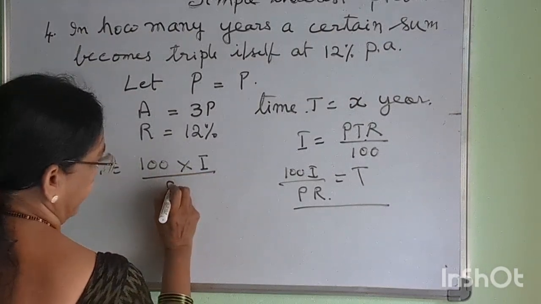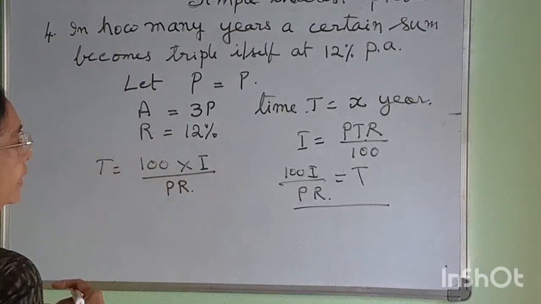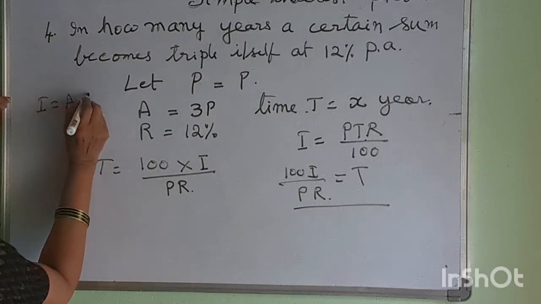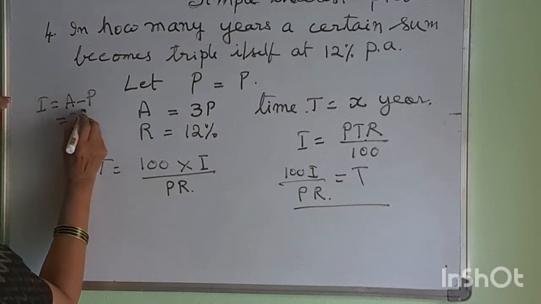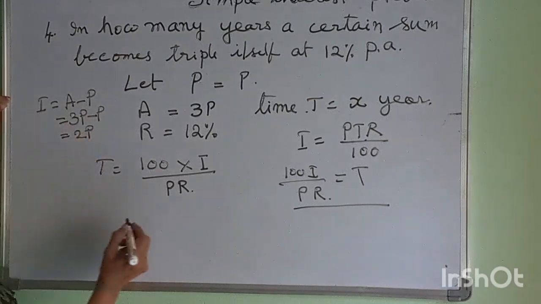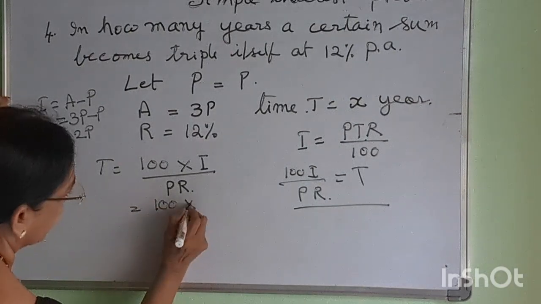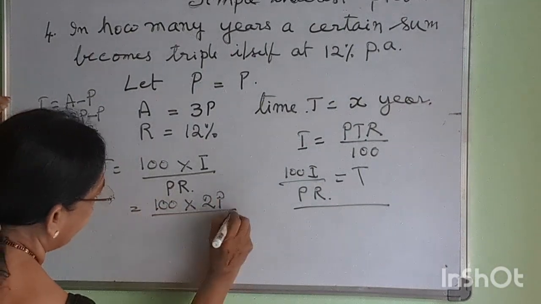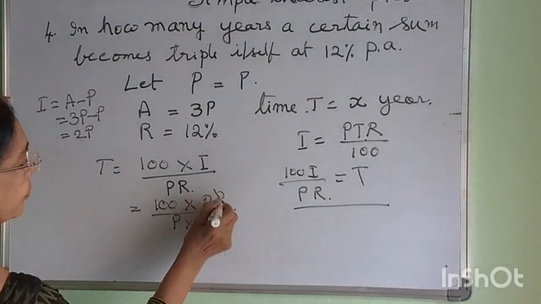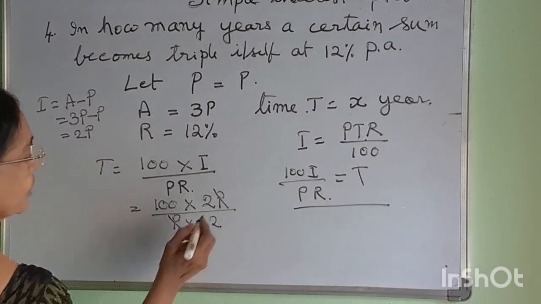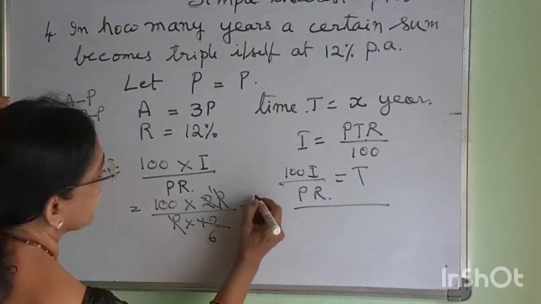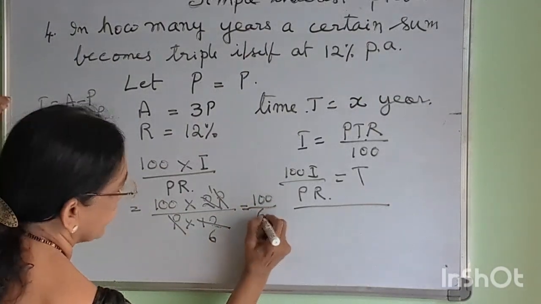Here interest is equal to amount minus principal. Amount is equal to 3P, principal is P, therefore 3P minus P is 2P. So this is equal to 100 into 2P by P into R, rate of interest 12. P gets cancelled. So 2 ones are 2, 2 sixes are 12. So 100 by 6, this is the rate of interest.